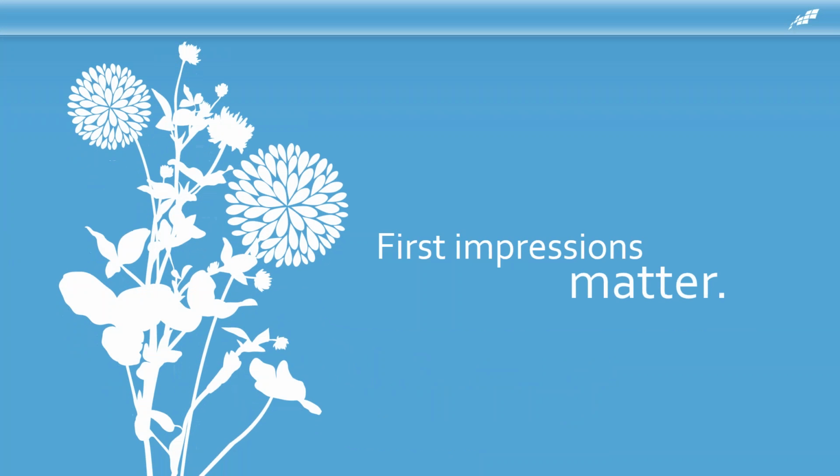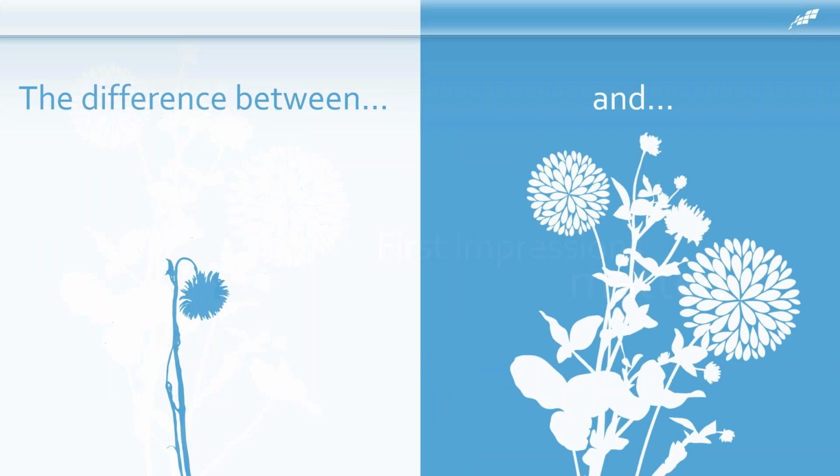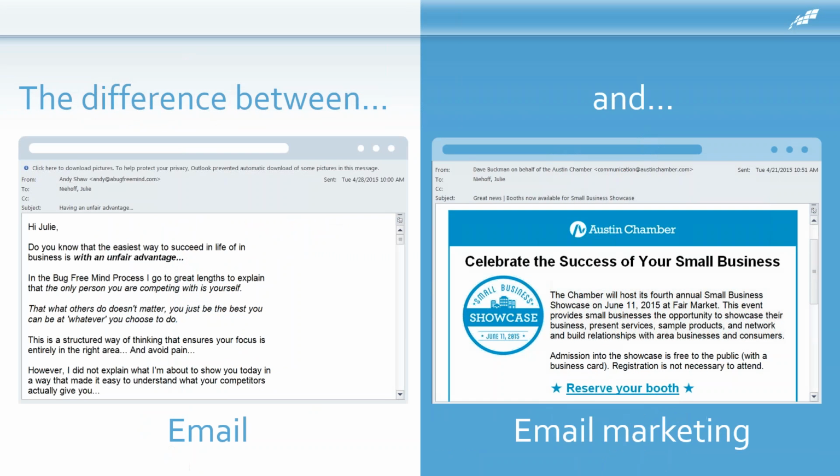So let's talk a little bit about email marketing. First impressions do matter. When you meet someone, they say that the first 7 seconds are most important. So first impressions matter in email marketing as well. There's a difference between an email and email marketing. So let me ask you this: which of these looks more interesting to you? Which is more engaging?